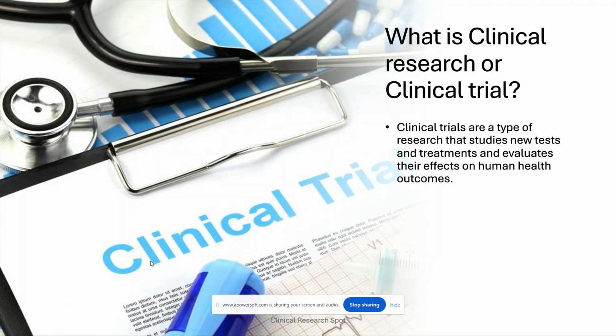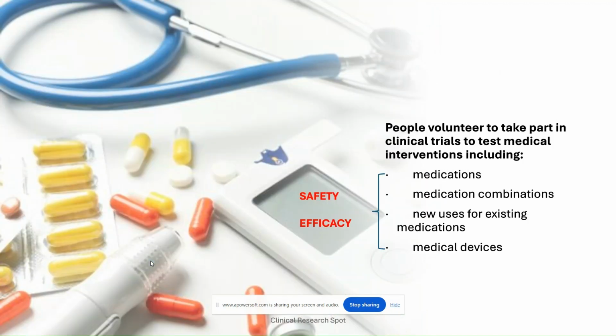It studies new tests and treatments and evaluates their effects on human health outcomes. Basically, clinical trials are conducted to test the safety and efficacy of new medications with different combinations, new uses of existing medication, that is the study of new medicine in different disease conditions, and medical devices, etc. So basically, to test the safety and efficacy of these things, we are conducting clinical trial activities.